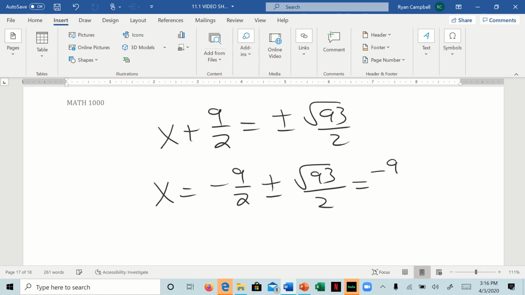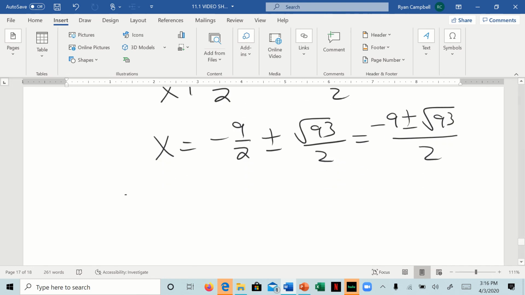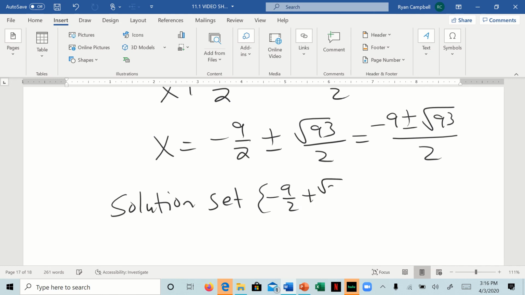If you really want to, you can also combine the fraction. Either way works. But either way, our solution set is negative 9/2 plus square root of 93 over 2, negative 9/2 minus square root of 93 over 2.